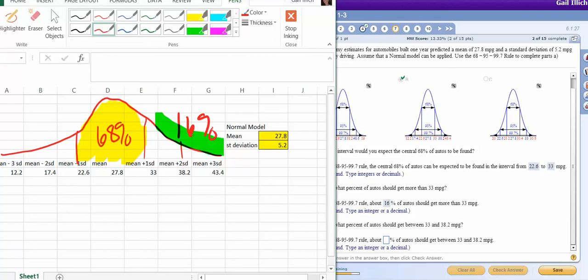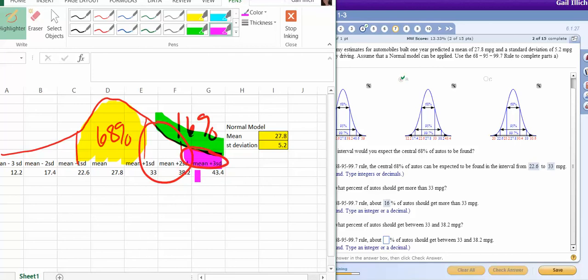Now, if that whole thing is 16% and we just want the part between 33 and 38.2, it would be great if we could figure out how much is out here, because if we subtracted this part from the 16%, we would get the percent that we're looking for. So how would we figure that out?